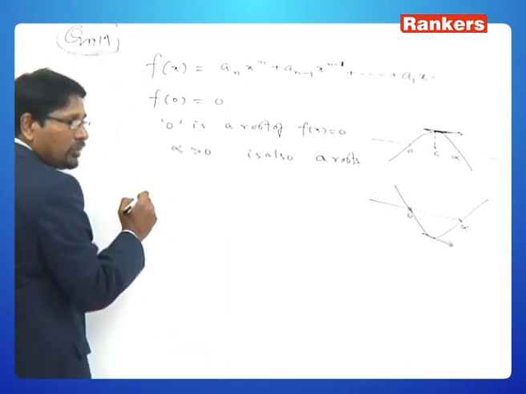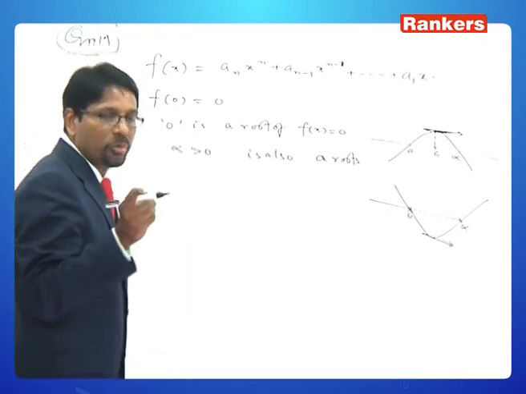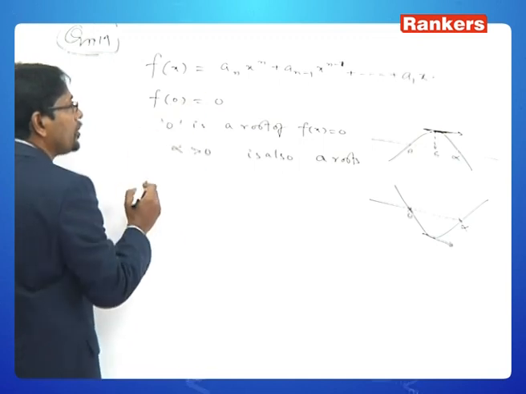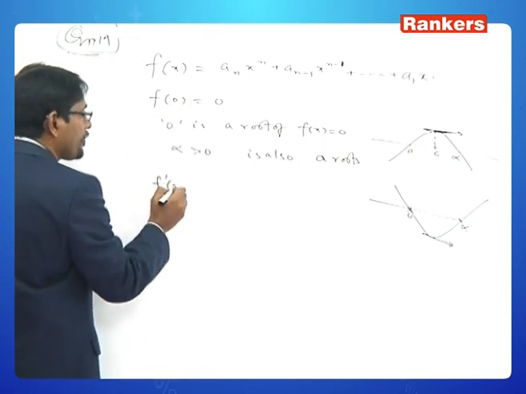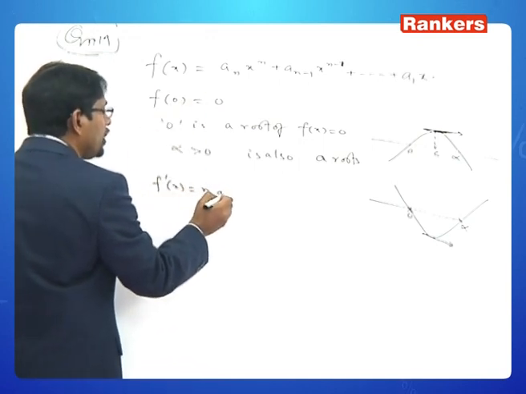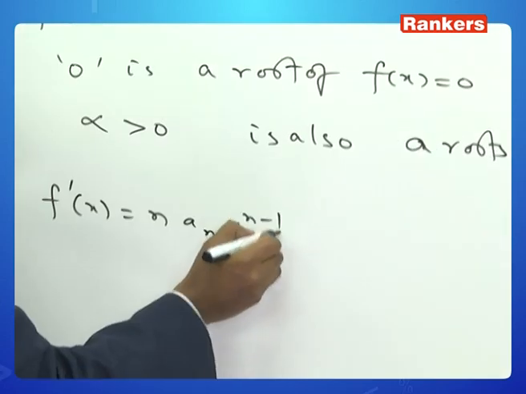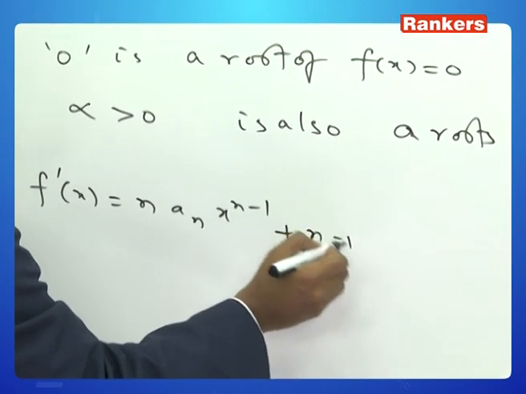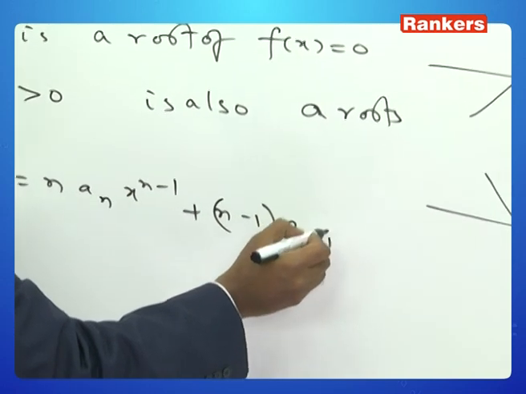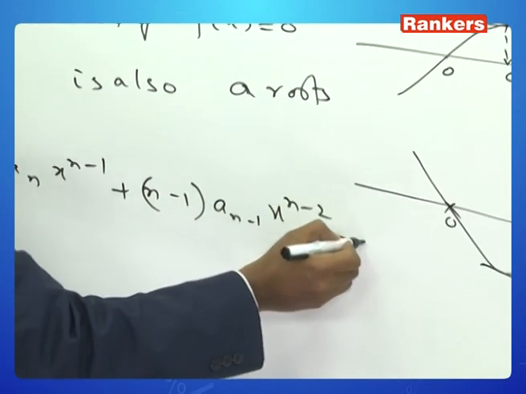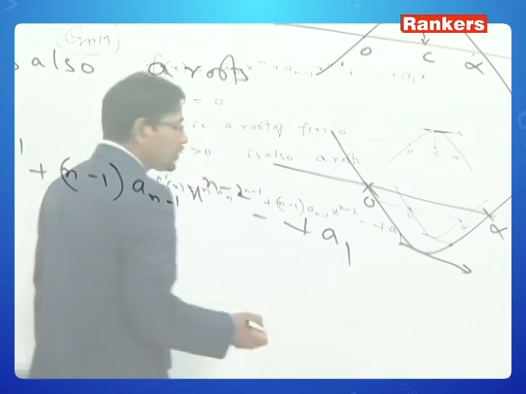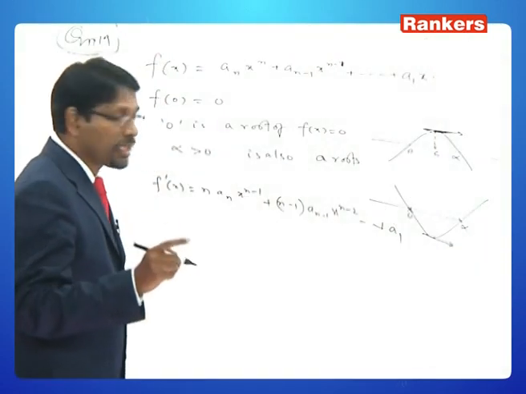Now you observe that the second polynomial equation is given to be the derivative. What is f dash of x? N into a n times x power n minus 1 plus n minus 1 into a n minus 1 into x power n minus 2, and so on and so forth, a1. That is the second polynomial that is given to us.